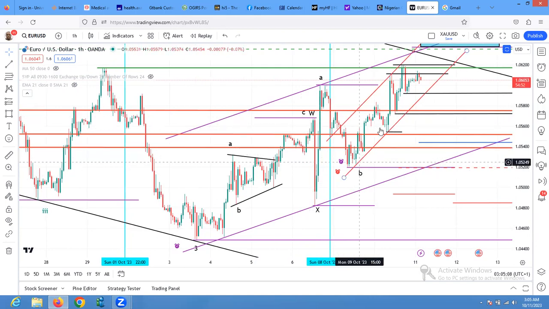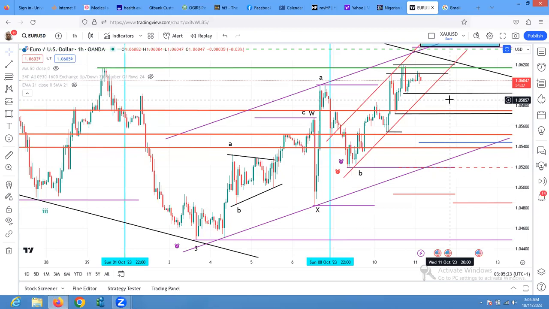But the way this one has been going up now, it's very corrective to the upside. So this looks like an A, and we are doing a C, A, B, and a C, and it's corrective.